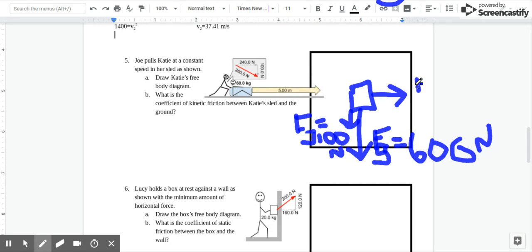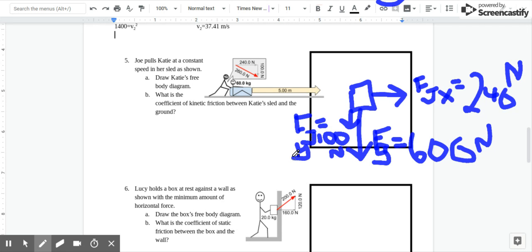So this is also FJ. I would call this FJX and that FJY. That's 240. I don't include angled forces on my free body diagrams because it is more confusing that way. And this makes it easier to balance.